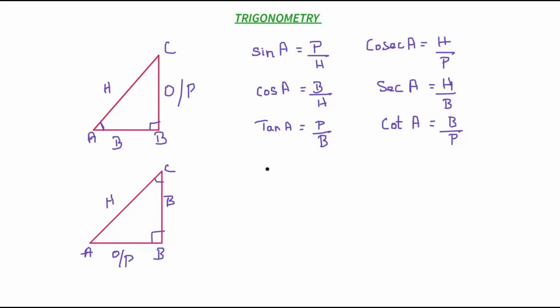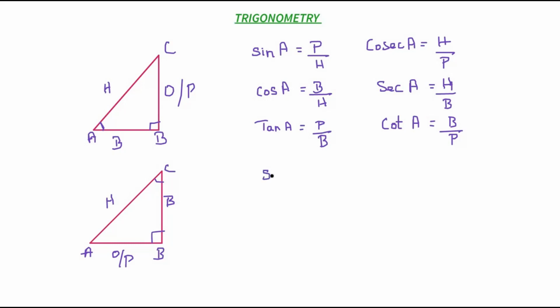Right? Now let's write the same six trigonometrical ratios with reference to angle C. So I'm writing all this so that you don't get confused in this. This is the basic of trigonometry. You can be very clear in this. So once you are clear in this, you can do the trigonometry very easily.